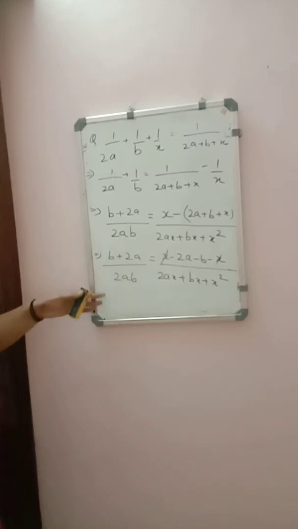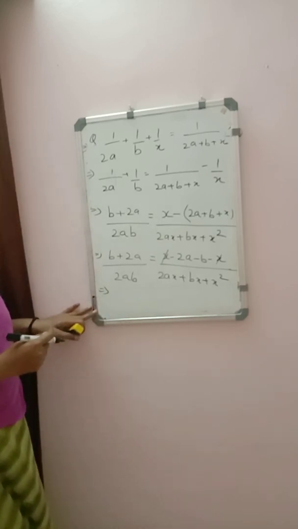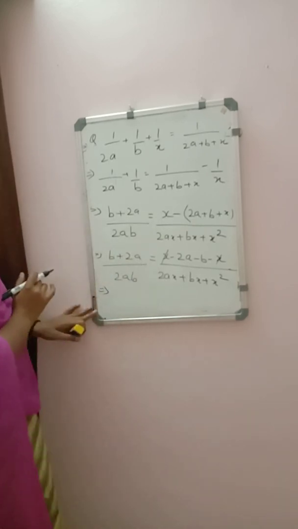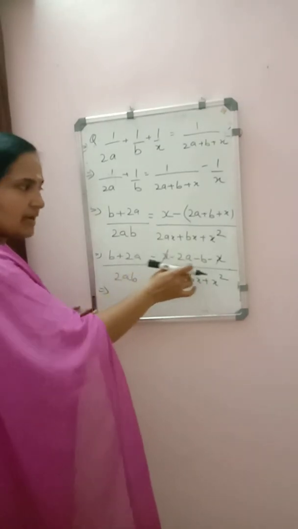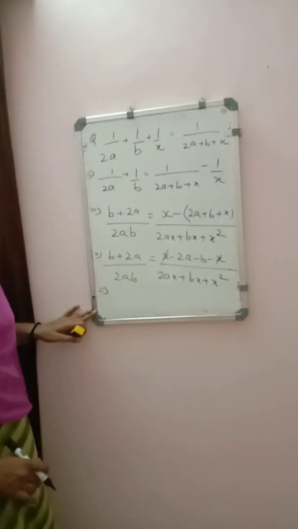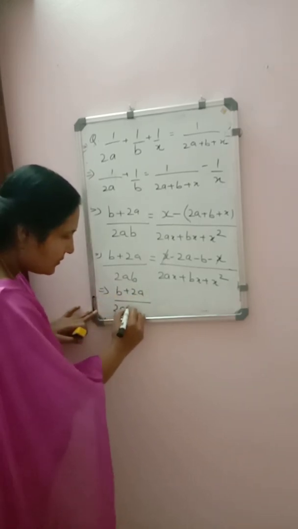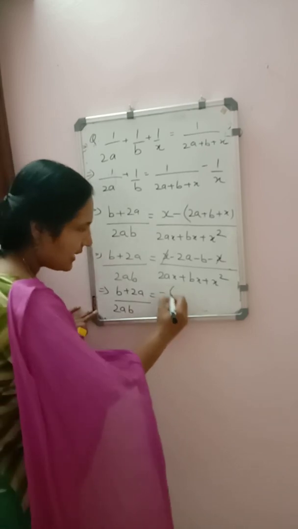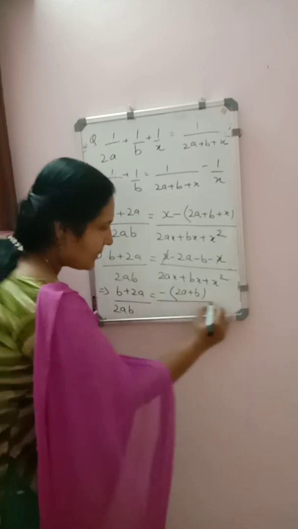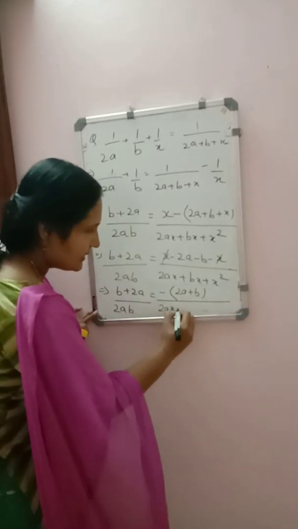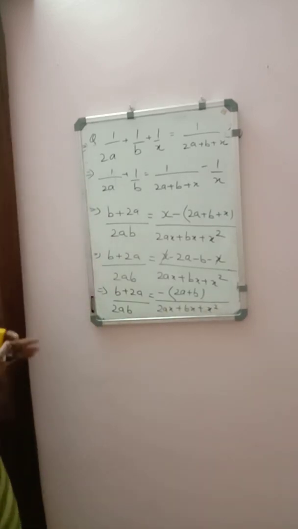Now before going to do the cross multiplication, just observe the numerator of both the sides. b plus 2a. Here also if we take the negative sign common, then it becomes b plus 2a. Same expressions only. So b plus 2a by 2ab equals, minus sign I am taking common, then inside the bracket it will be 2a plus b, remaining as it is, 2ax plus bx plus x square.